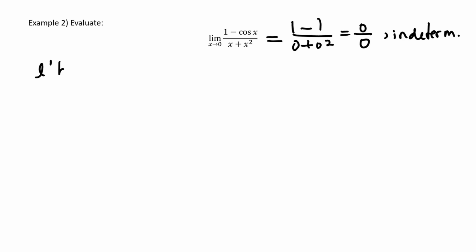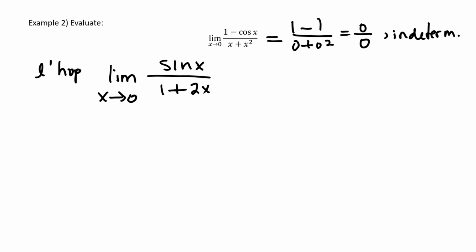So we can apply L'Hopital's rule, which tells us that we can take the limit of the derivative of the numerator divided by the derivative of the denominator, and it gives us the same limit as before we took it. So the derivative of 1 is 0, the derivative of cosine x is minus sine x, so minus minus sine x would be positive sine x, and in the denominator the derivative of x is 1 and the derivative of x squared is 2x.